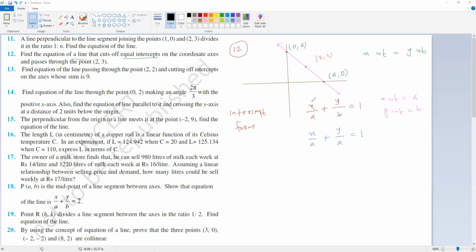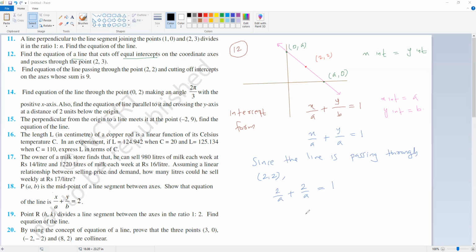So what is given? Since the line is passing through 2 comma 2, it will satisfy the equation of the line. So what will happen? 2 by a plus 2 by a is equal to 1.